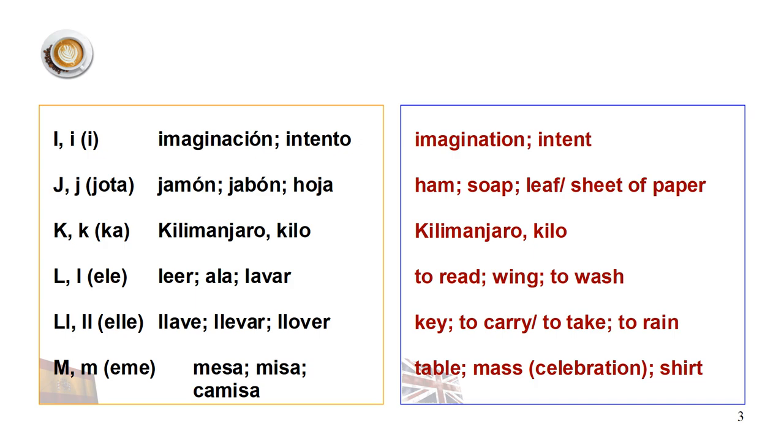As an aside, we can say that this letter, or this digraph, because it's composed of two letters, but it's considered as one, is pronounced differently depending on the region. For example, in Mexico, it can be pronounced a bit stronger, as in Castilian Spanish, the Spanish variety of the Spanish language.